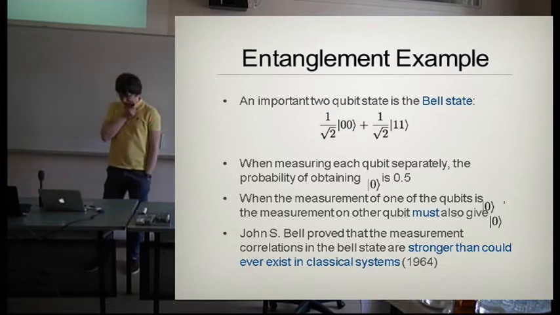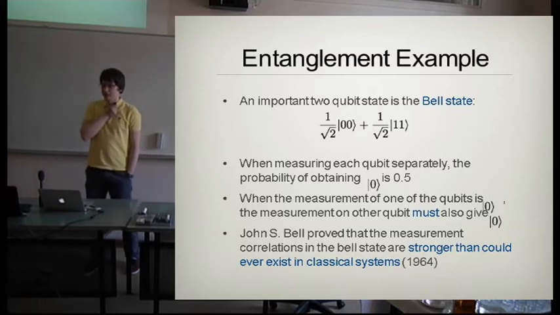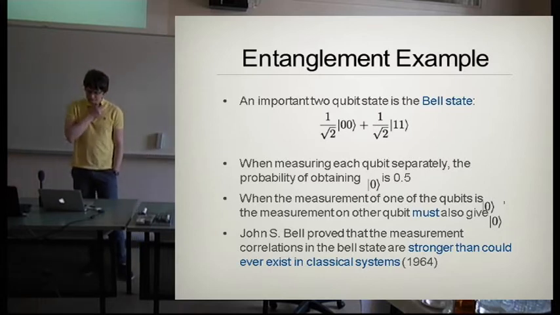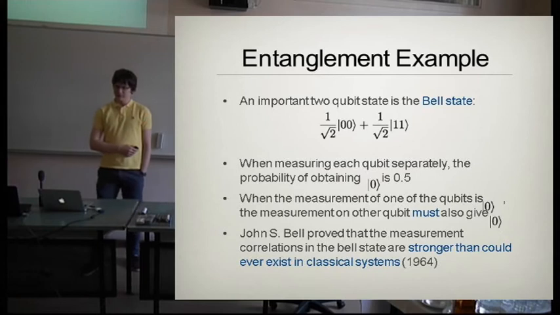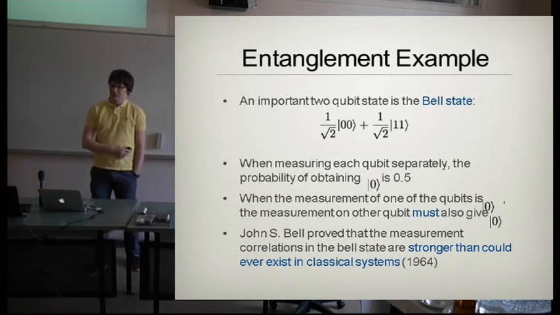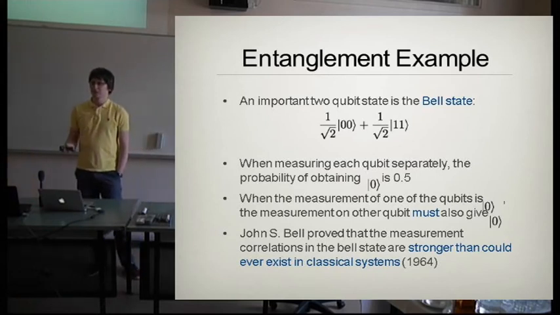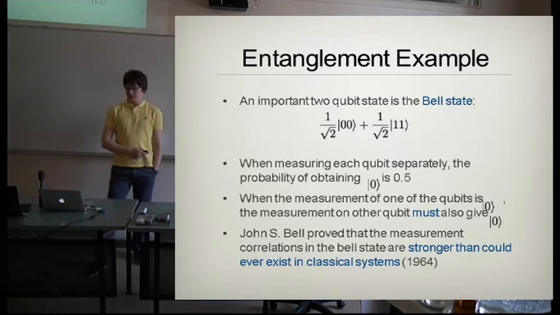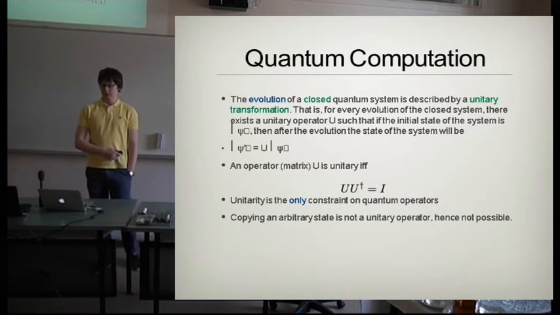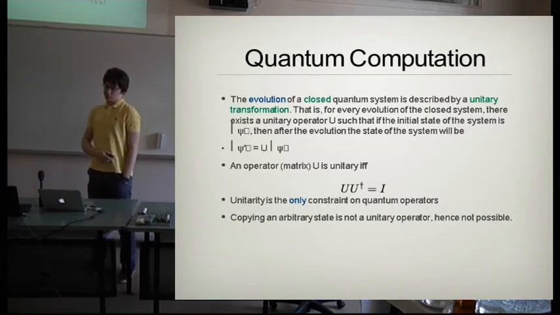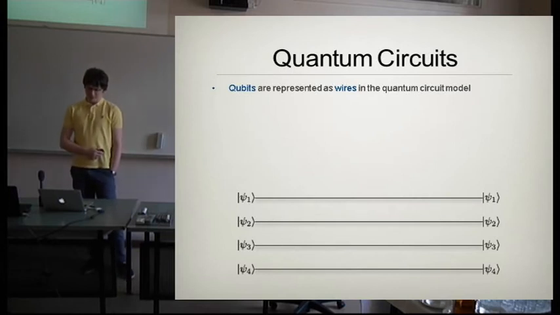Now, computation is done by unitary evolution. And an operator is unitary if the application of its adjoint gives you identity. And we represent quantum computations as quantum circuits. This is the most popular model. So here qubits are represented as wires.